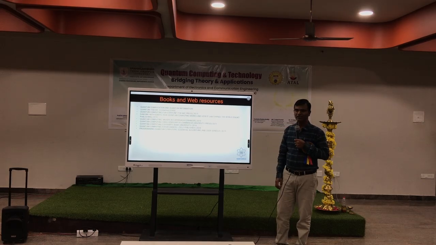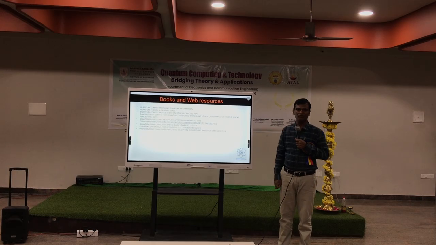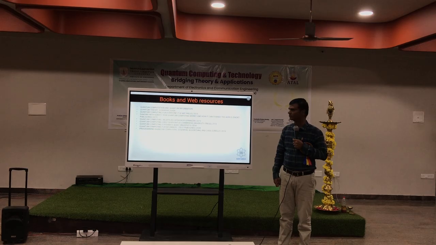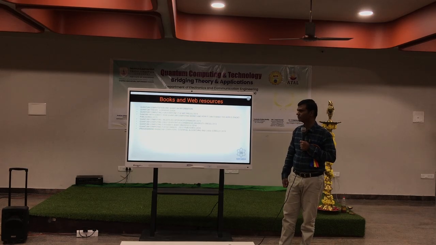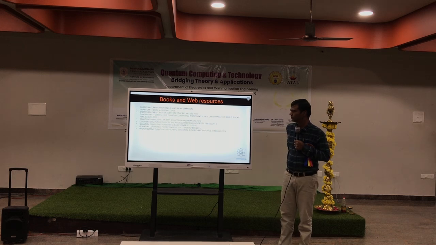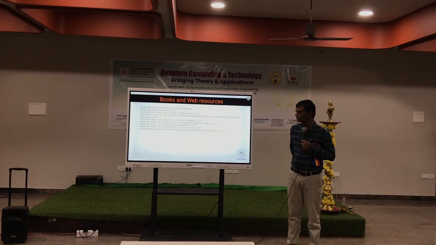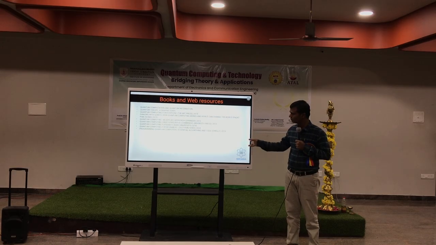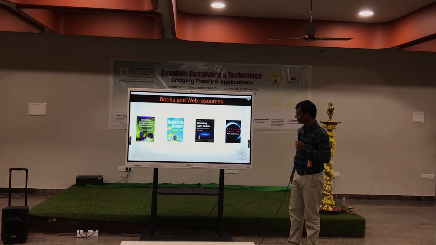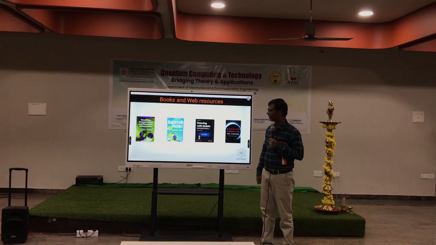And these are the various resources that you can use to enhance your quantum computing capabilities. These are at least what everybody should have.